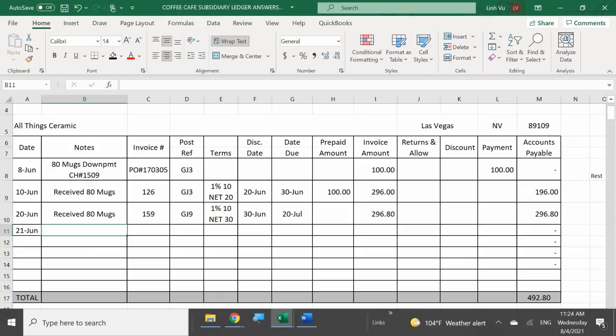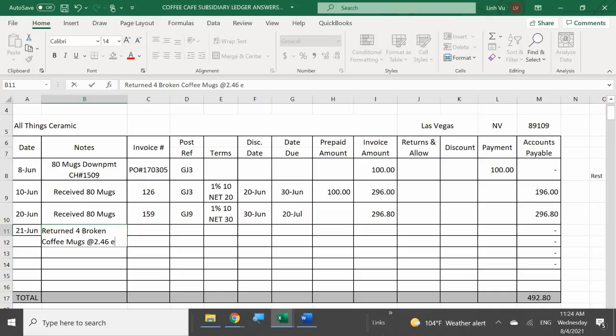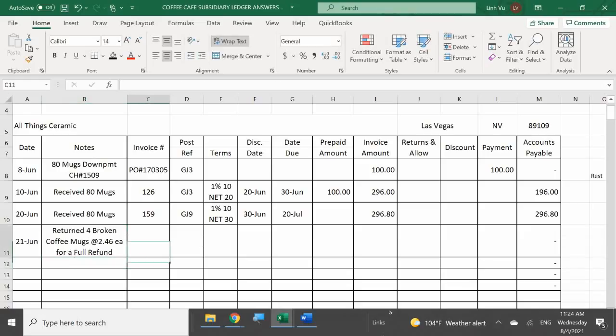And this is where you could put all that information where you returned 4 broken coffee mugs, okay, at $2.46 each for a full refund. Right? And this one is invoice number 159C because we want to make sure that this credit is going to be applied to this invoice of 159. Okay?